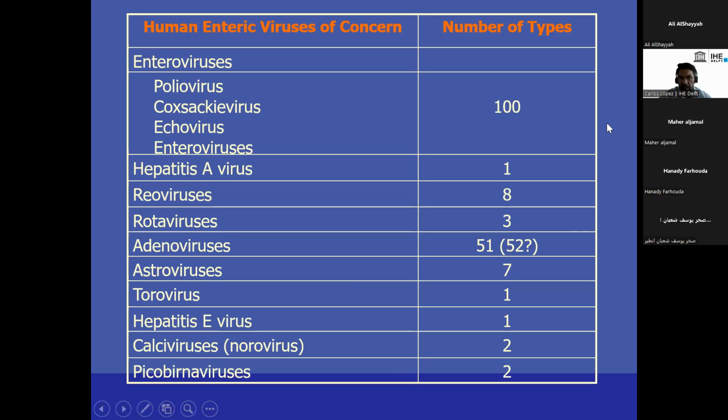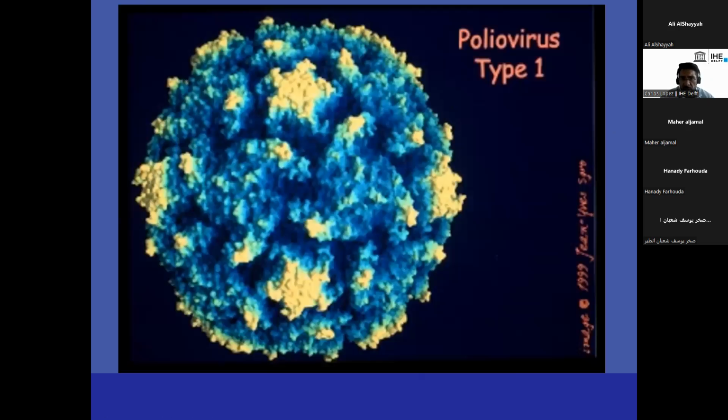There are like 100 different types of these viruses. Also hepatitis A, reoviruses and rotaviruses, adenoviruses, toroviruses, hepatitis E, and some others. So these are the viruses that are much more dangerous and commonly seen in human beings.